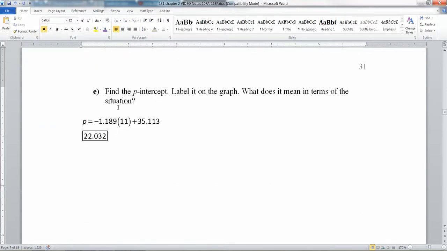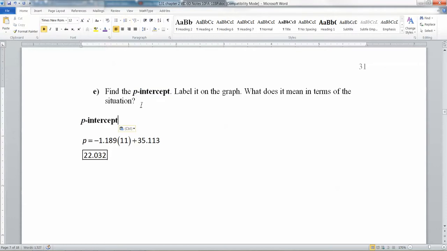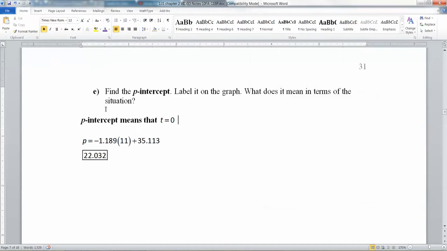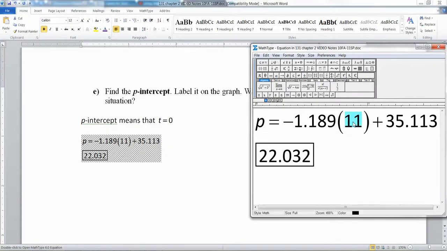So remember that when you want the p-intercept, that means that t is equal to 0, right? That's the whole point of those intercepts, is that when you want the p-intercept, the other value is 0. Okay, so I want to let t be equal to 0 in this equation.